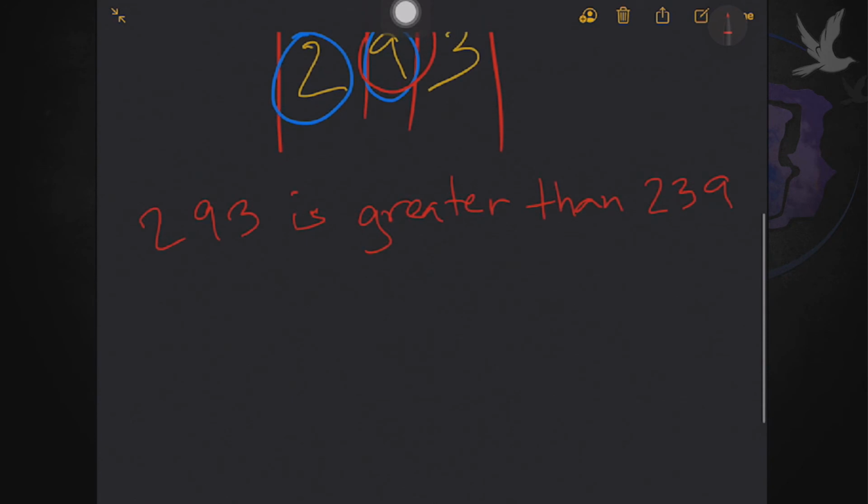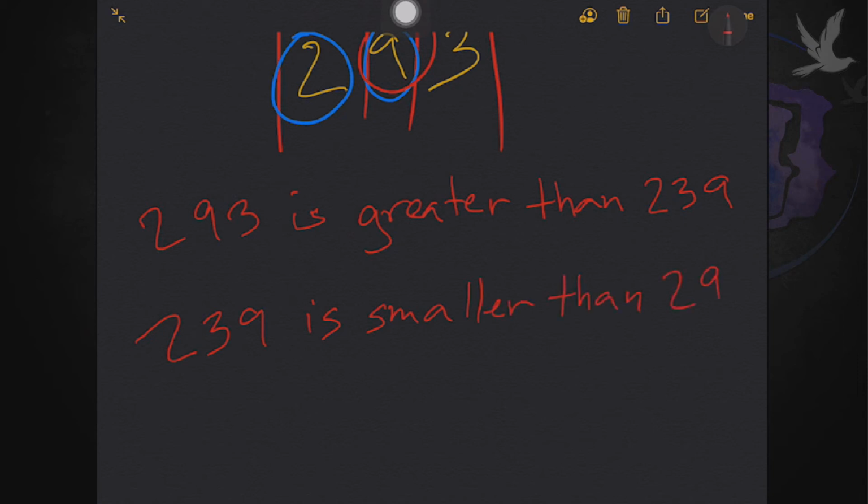And since 293 is greater than 239, we can now say that 239 is smaller than 293. Okay? I hope you are slowly getting the point of the lesson on how to identify the greater number or the smaller number. Okay?